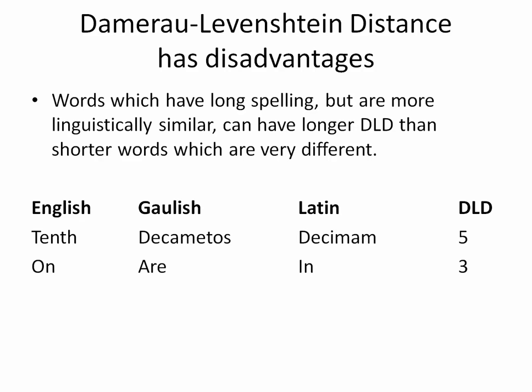For example, if we consider the English word on, this translates to Gaulish as ar and Latin as in. When we look at ar and in, this only has a Damerau-Levenshtein distance of 3, but we can clearly see that there is no similarity in the spelling at all, compared to the Gaulish and Latin translations for the English word tenth. The Damerau-Levenshtein distance is bigger, however, but they are linguistically similar, having the base des.